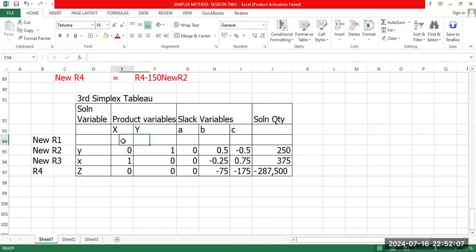What about here? Someone tell me the value here. Zero. Yes. Zero also. Yes.